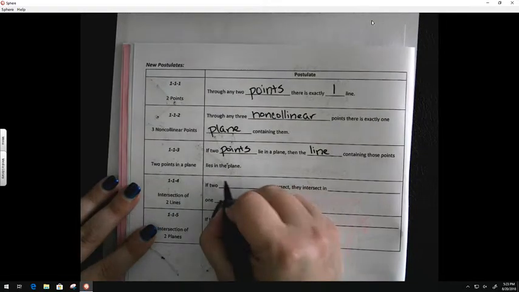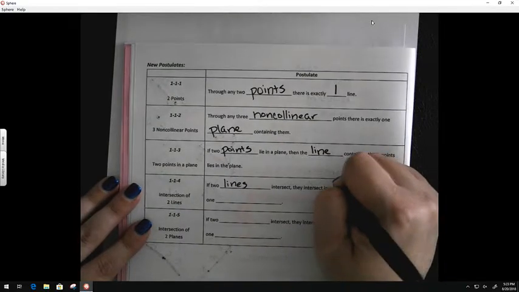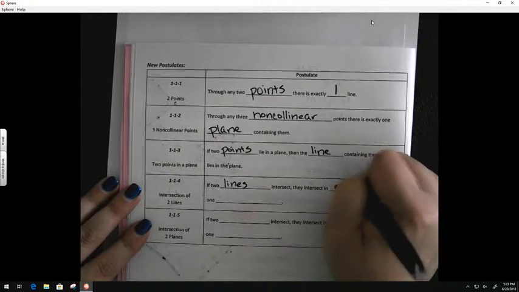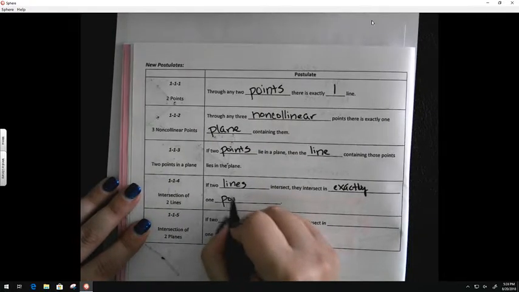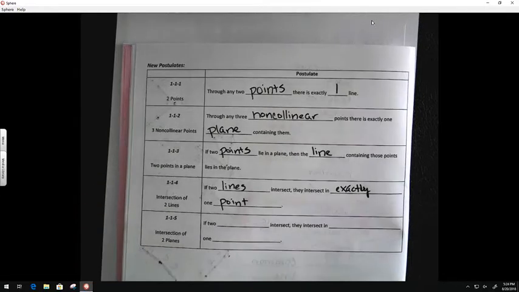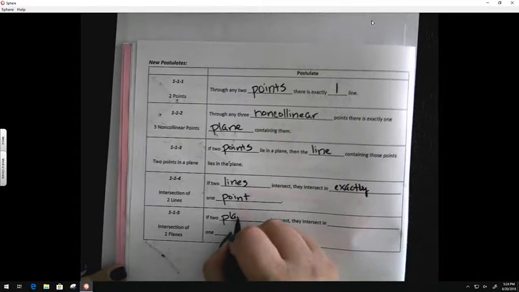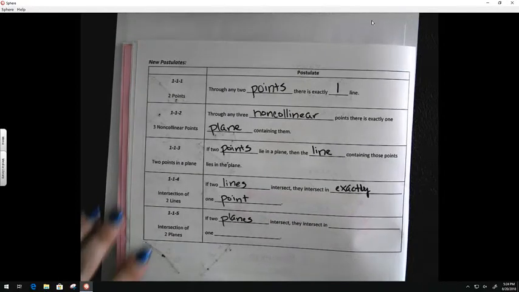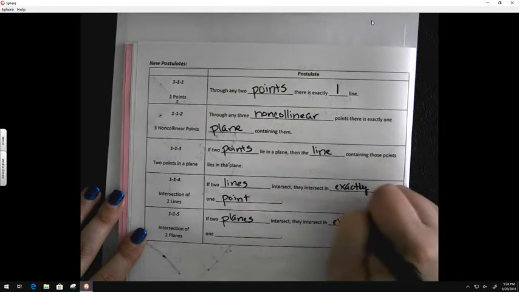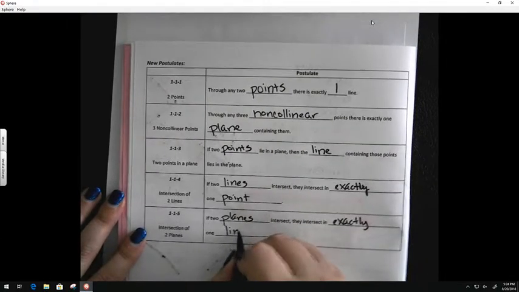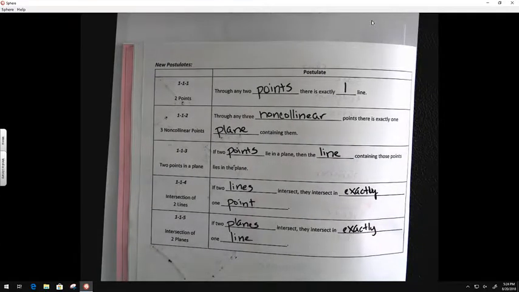If 2 lines intersect, then they intersect in exactly 1 point. And if 2 planes intersect, they intersect in exactly 1 line.